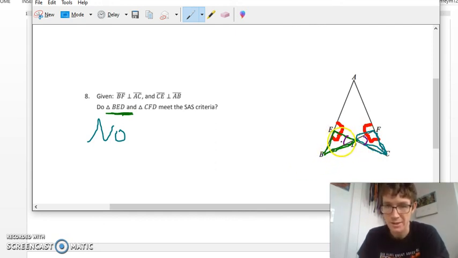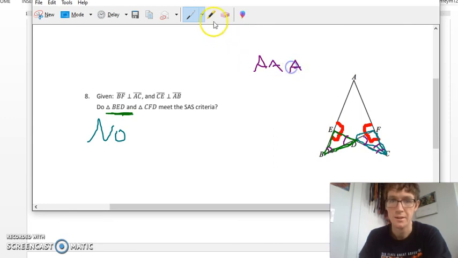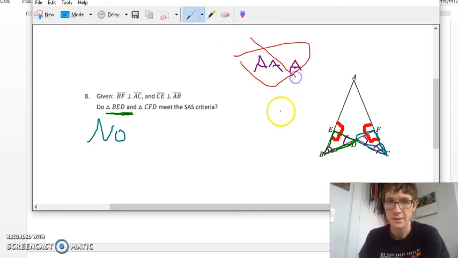So we know this angle must match this angle by that. So the triangles, all the angles match, but remember that AAA is not a congruence criterion. It is a criterion for similarity, so we know that these two triangles are similar. Similar just means that they're the same shape, but we don't know that they're the same size. So that's pretty much all we have for this one.